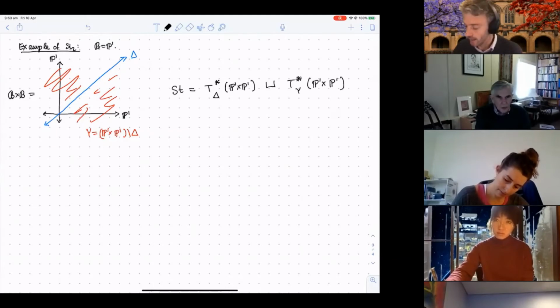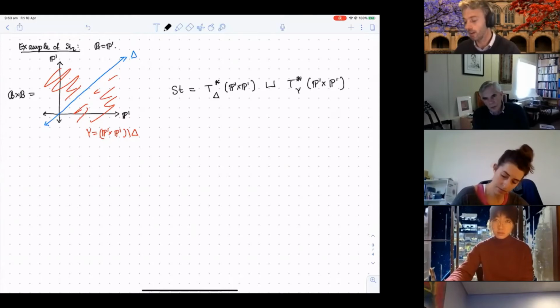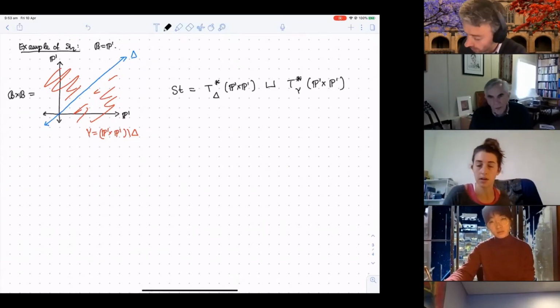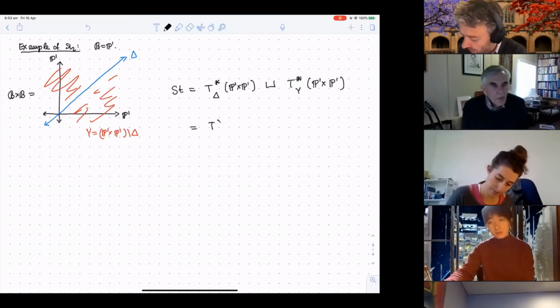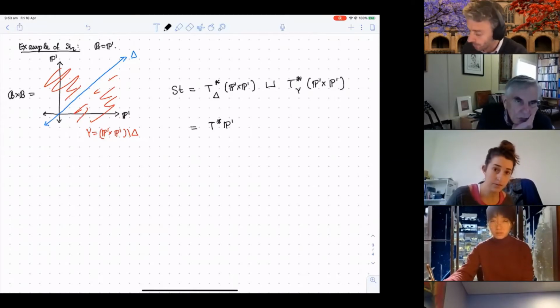Now, it's a beautiful thing that if you take any space, cross it with itself, and take the conormal to the diagonal, you get the cotangent bundle. So this is the cotangent bundle of P1.